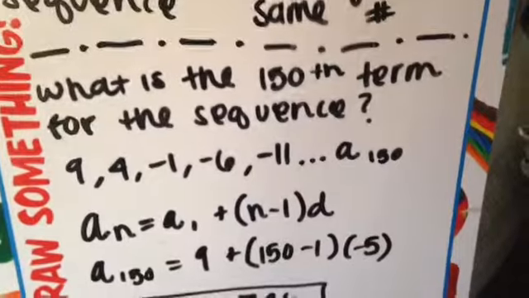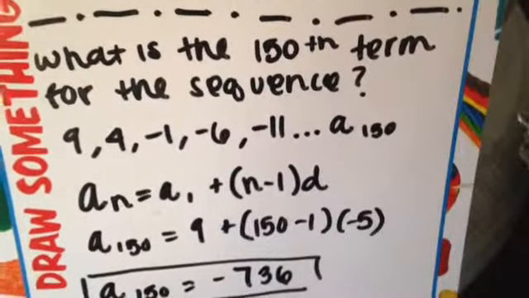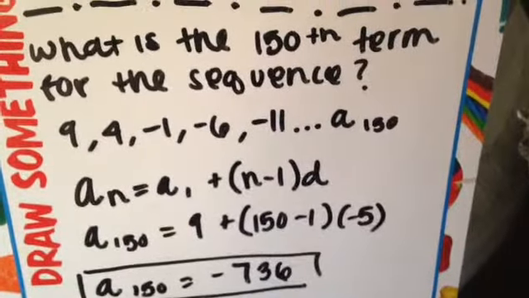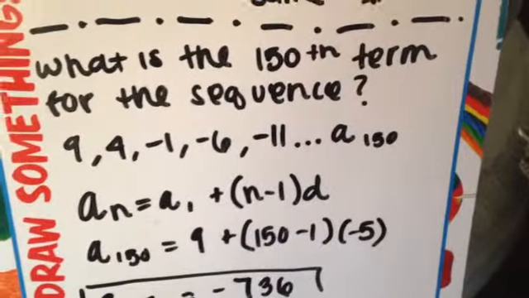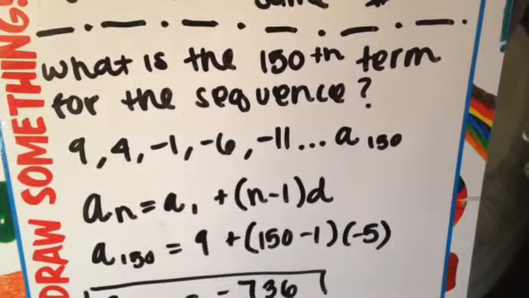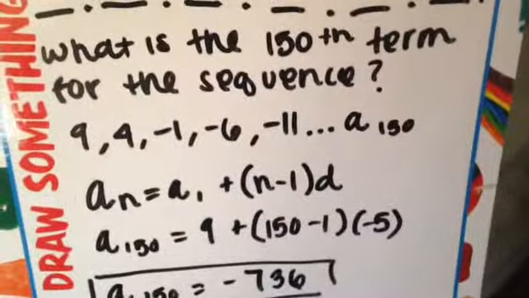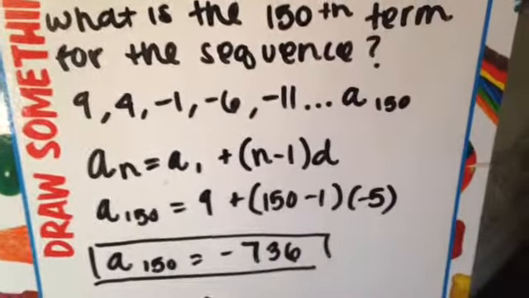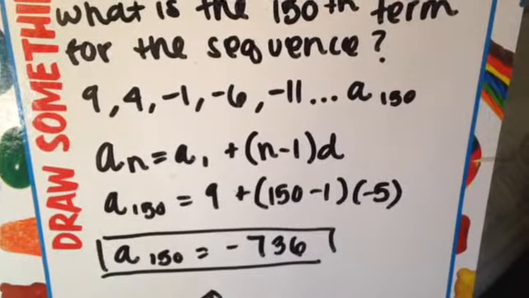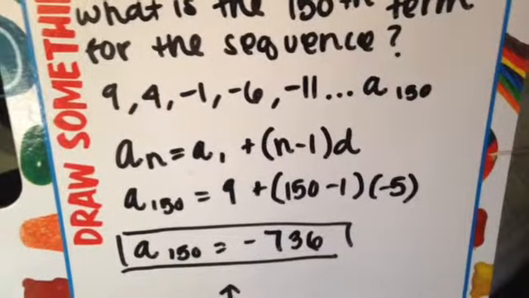So we're going to find the 150th term, and the first step is you have to find your common difference. So you have to see what's different between all of the terms given, and you have to figure out which formula you're going to use. In this case, we're going to use an equals a1 plus n minus 1 times d.